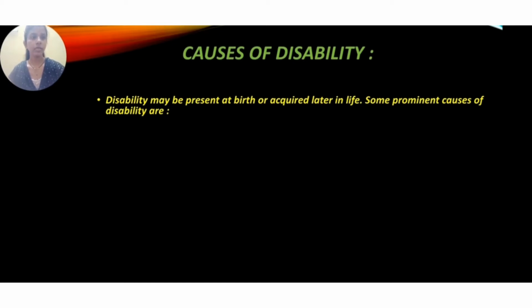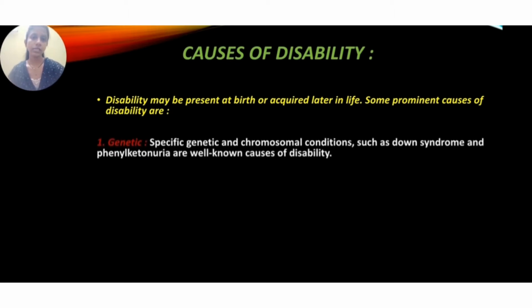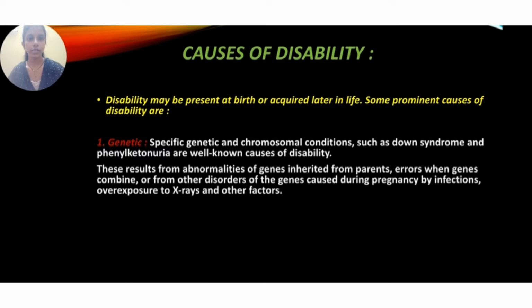Some prominent causes of disability are: first is genetic. Specific genetic and chromosomal conditions such as Down syndrome and phenylketonuria are well-known causes of disability.